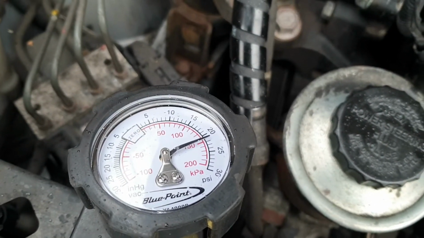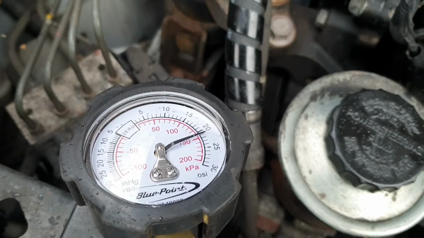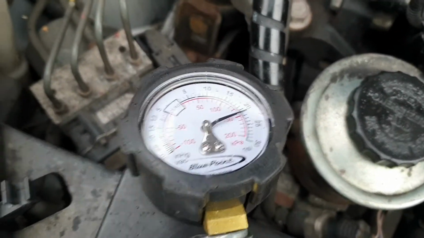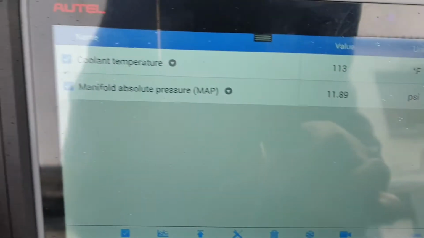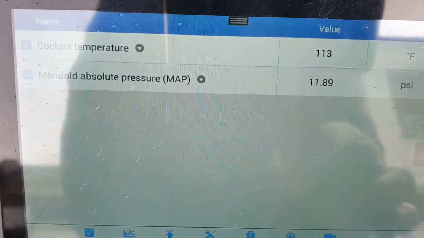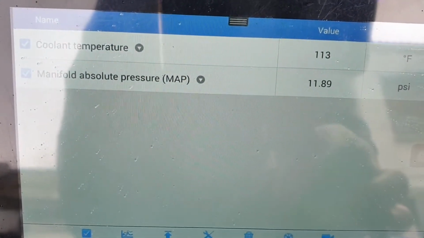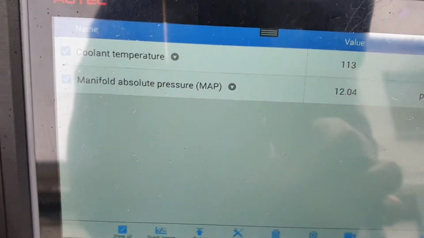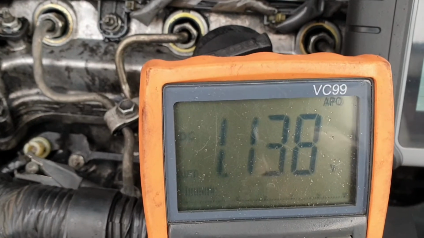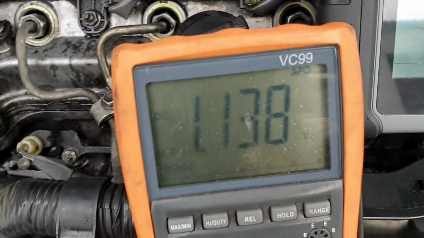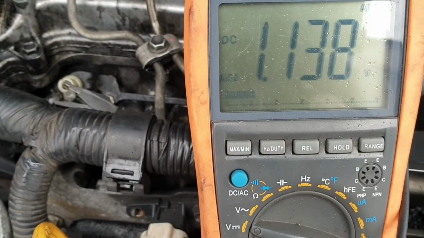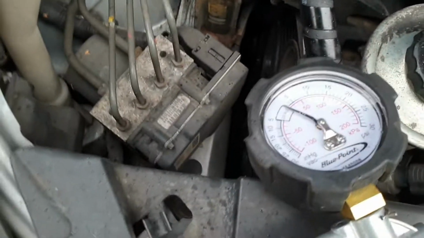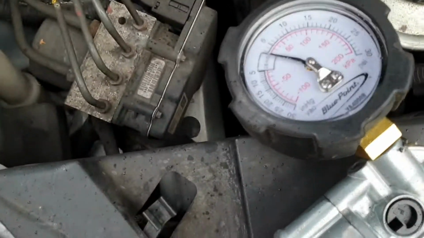So now, as you can see, the scanner reads 11.89 of inlet manifold pressure, and the manifold absolute pressure sensor output voltage is 1.138, and as you can see, no pressure applied yet.